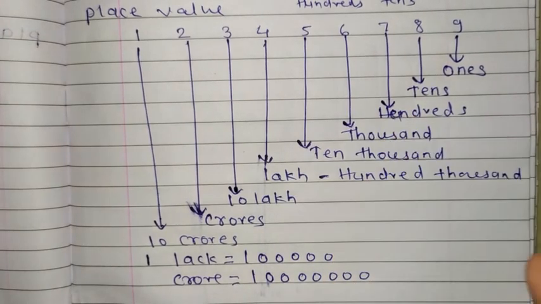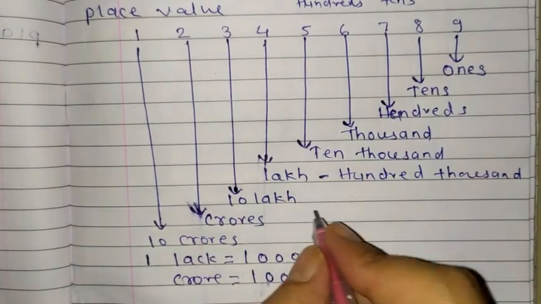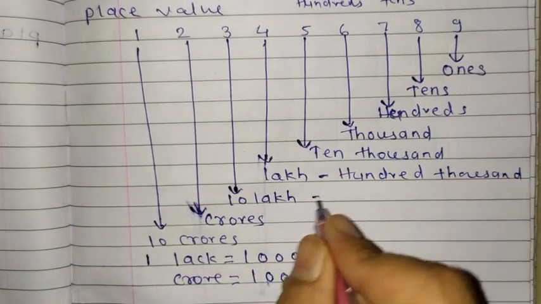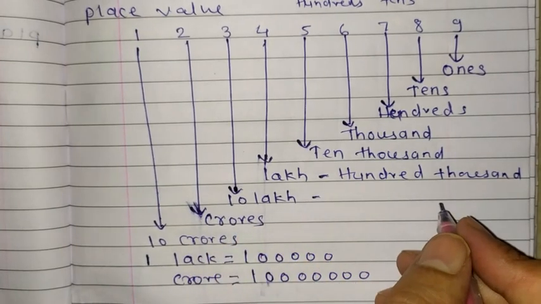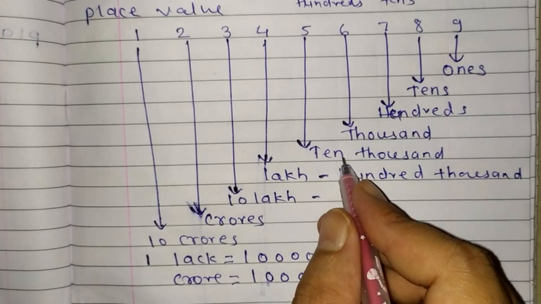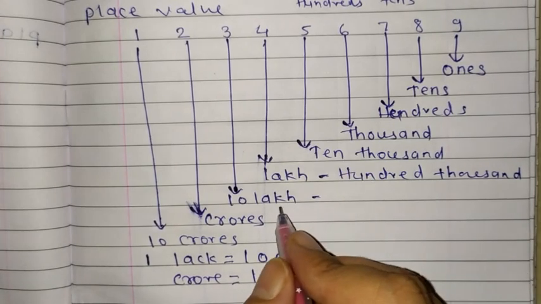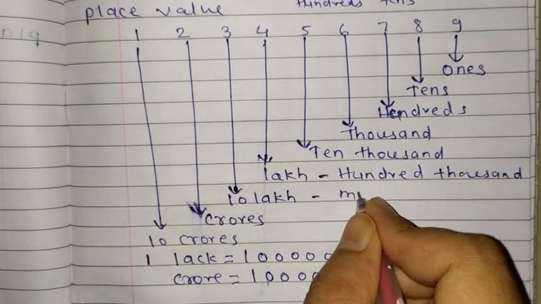And in place of 10 lakh, what will be next? Here 10,000, 100,000. So after 10 lakh, million.